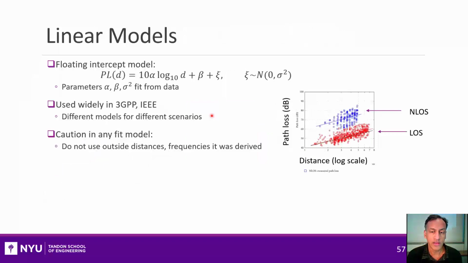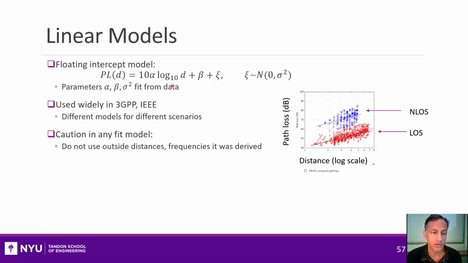So one aspect of the channel, and we'll see there are many other aspects, is just trying to model the path loss. We saw an analytic expression for the path loss in free space, and that has a closed form expression, but of course the real world is not free space. And we mentioned earlier that once you have even very simple things like ground reflections, that path loss becomes quite a bit more complicated.